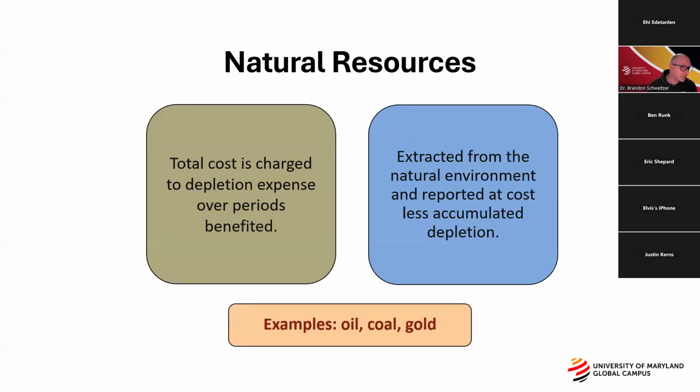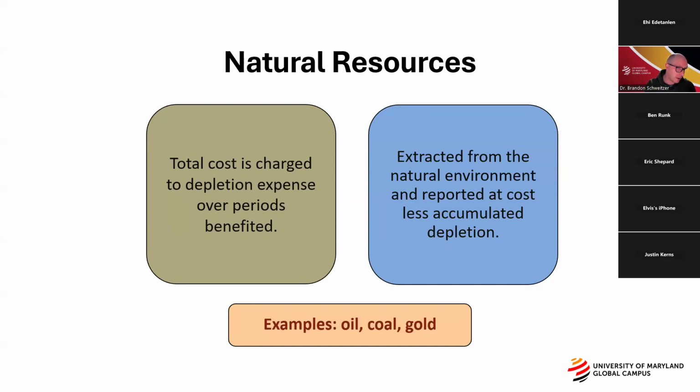Some of your companies might be involved in mineral mining or other earth material extraction type of businesses. These are oftentimes recorded on your balance sheet as natural resources, and these include expenditures necessary to acquire the natural resource and prepare it for its intended use. We call this depletion.